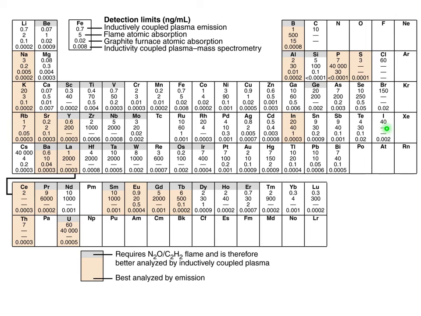So you would not want to do bromine or iodine. Otherwise, everything is possible to do. At the left side, elements that are better analyzed by emission. Some elements require very high temperature and are usually analyzed by ICP, inductively coupled plasma.